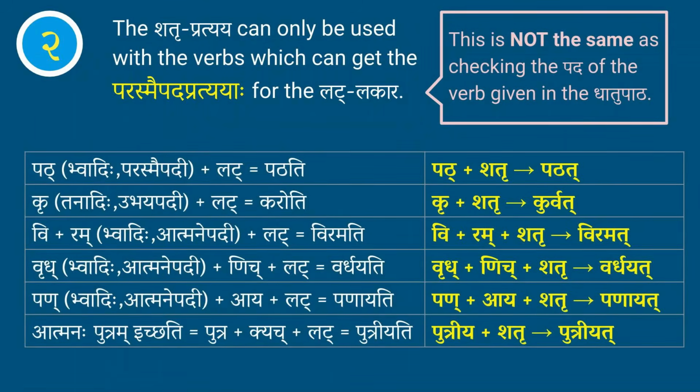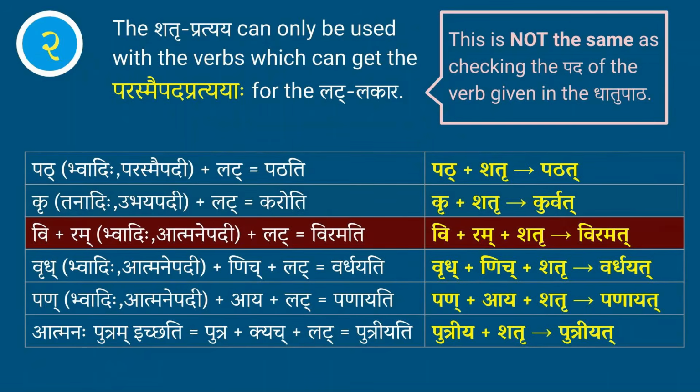Let's start with a simple case. The Patha Dhatu is Parasmai Padi in the Dhatu Patha, so it indeed gets the Shatru Pratyaya. The Kru Dhatu, on the other hand, is technically Ubhayapadi, which means it definitely gets the Pratyayas of the Parasmai Pada, and so it can also get the Shatru Pratyaya.